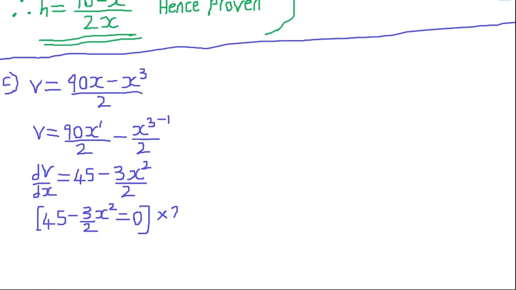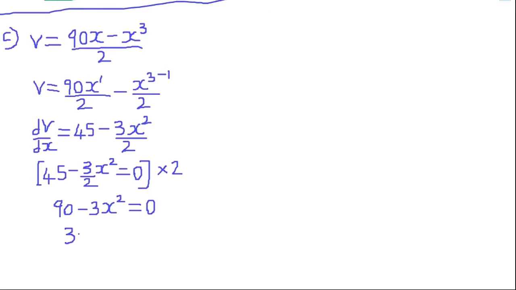So 45 multiplied by 2 gives 90, and then 3x squared over 2 multiplied by 2 gives 3x squared, is equal to 0. And 0 multiplied by 2 is 0.